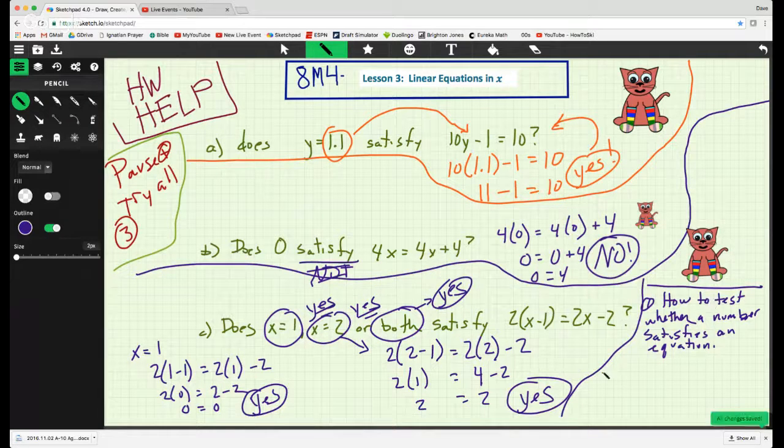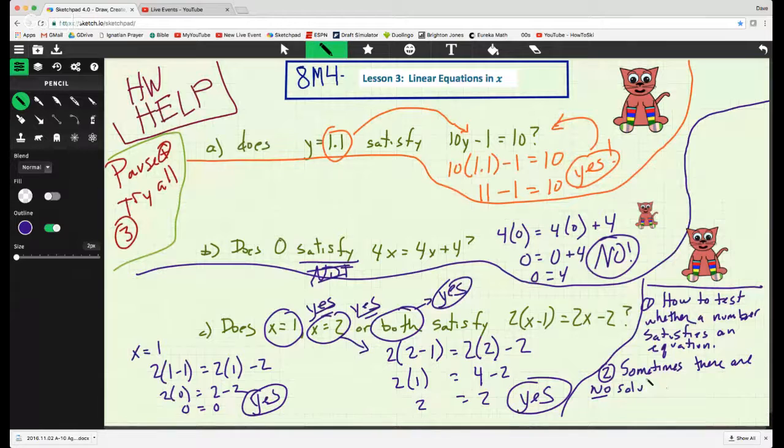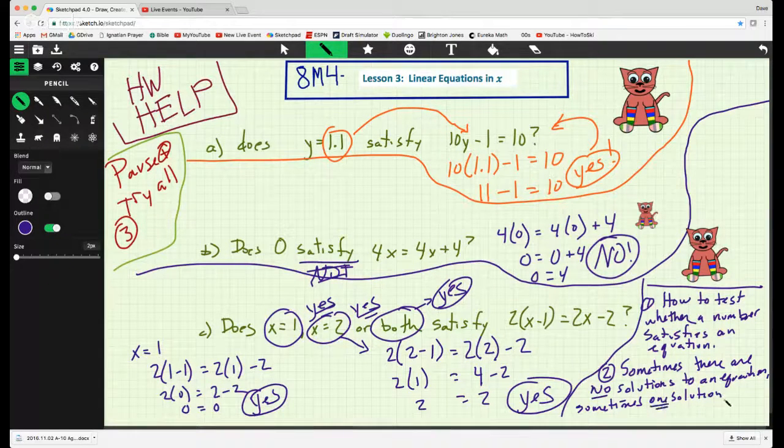The second thing we learned is sometimes there are no solutions to an equation. Sometimes one solution, and sometimes more than one.